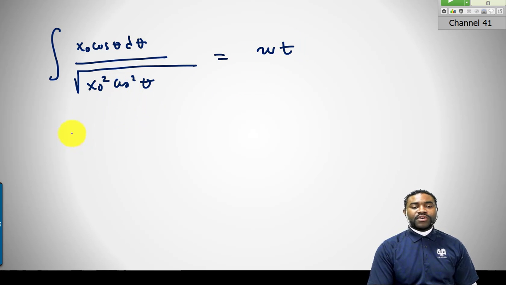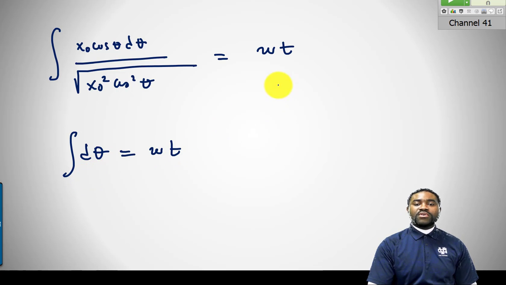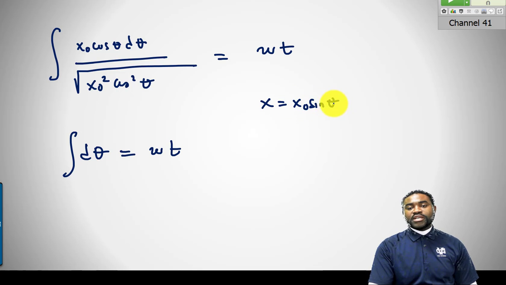And it pretty much simplifies to the integral of d theta equal to omega t. But what are the limits? We know that x is equal to x naught sine theta.